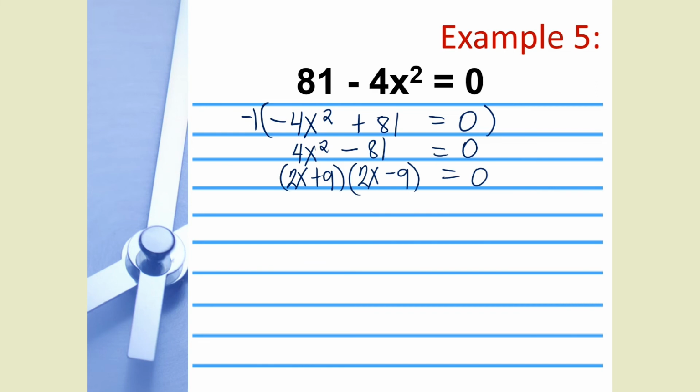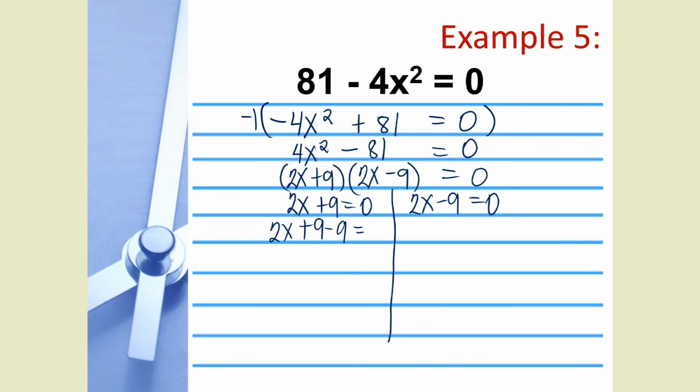And then, paghiwalayin ng equation or equate to 0 each factor: 2x plus 9 is equal to 0, and the other one is 2x minus 9 is equal to 0. So, 2x plus 9 minus 9 is equal to 0 minus 9.